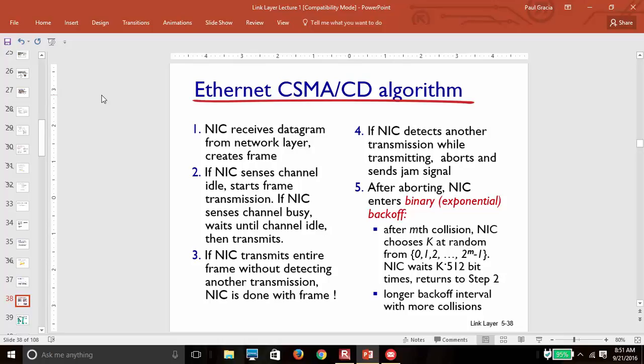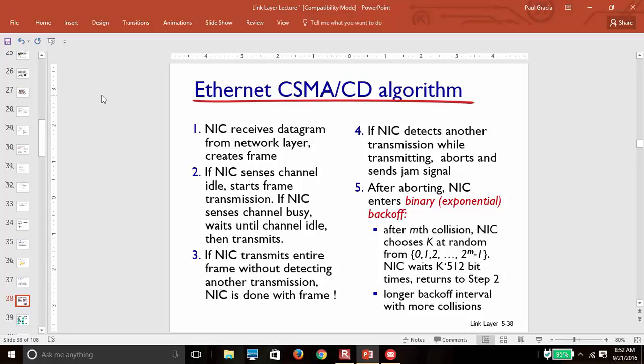If the NIC senses the channel is idle, it starts the frame transmission. If it senses it's busy, it waits until it detects that the channel is idle, then transmits. And like I said, it's basically monitoring the voltage levels on the channel. If the NIC transmits the entire frame without detecting another transmission, it's done with the frame, and it can go back up to step 1.